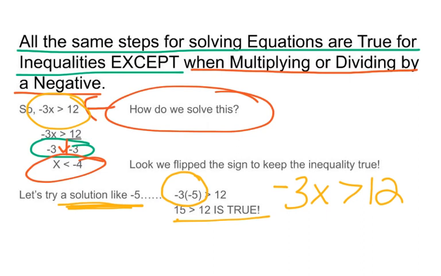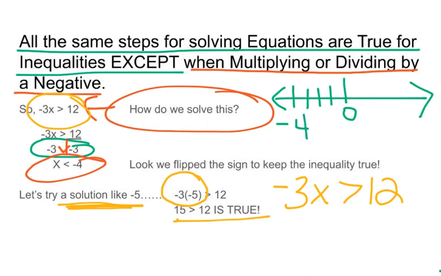Well, remember from the last lesson that in order to show our solutions, we have to graph them on a number line. The reason for this is there's more than one answer that will work. So in this case, x has got to be less than -4. At -4, I know that the value is not allowed, so I'm going to put an open circle.